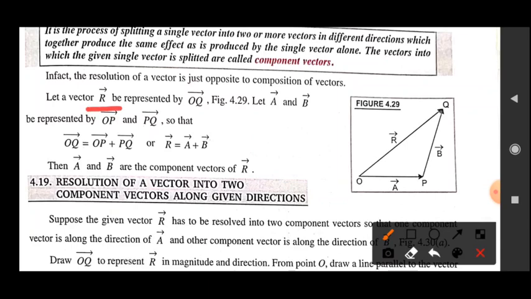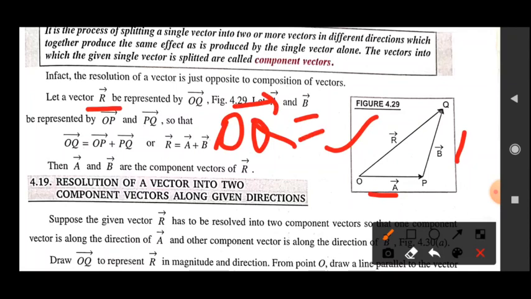So if any vector R is represented in this figure by OQ, and A and B are represented by OP and PQ, then by the vector triangle law we can write vector OQ is equal to vector OP plus vector PQ.